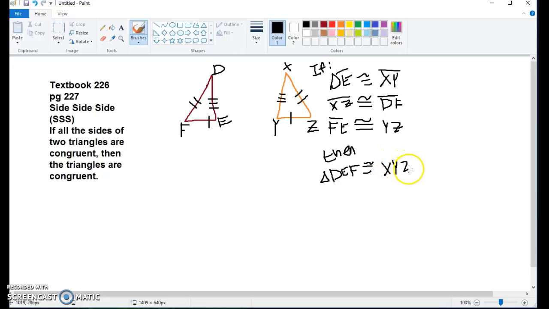I forgot the triangle mark. Alright, so that's basically SSS. Now let's try proving this. Let's actually go through a small little proof of this.